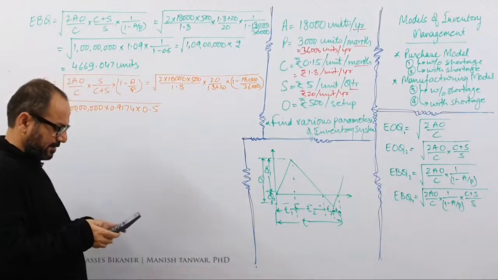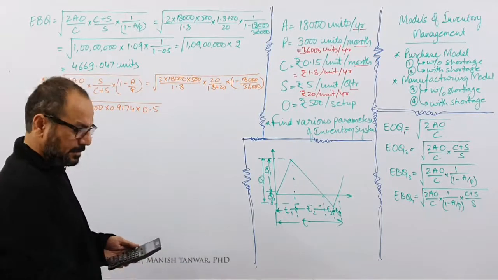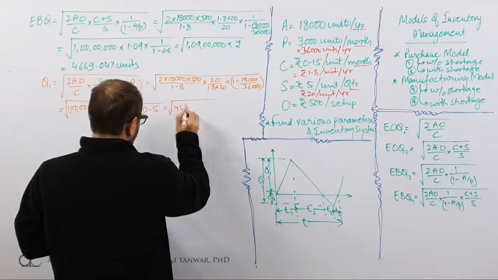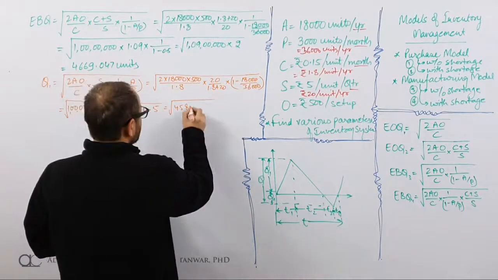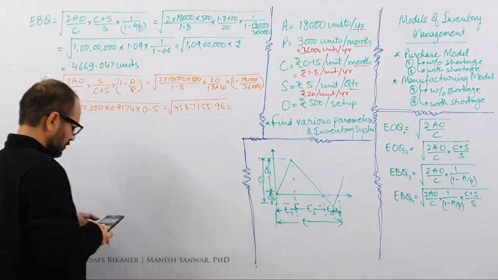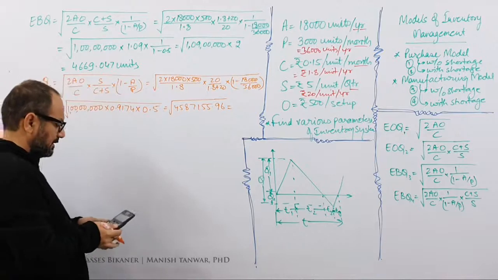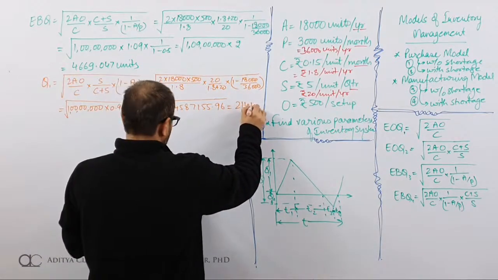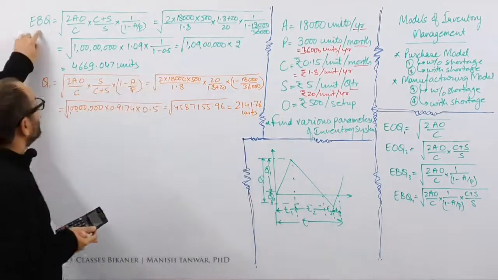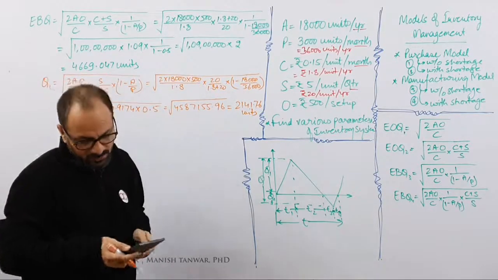Multiplied by 0.5 multiplied by 1 crore, making it 4587155.96, and then going for the square root, 2141.76 units. So my EBQ would be 4669 units. My Q1 would be 2141 units.